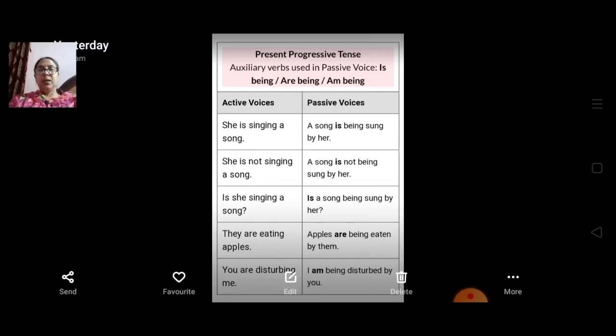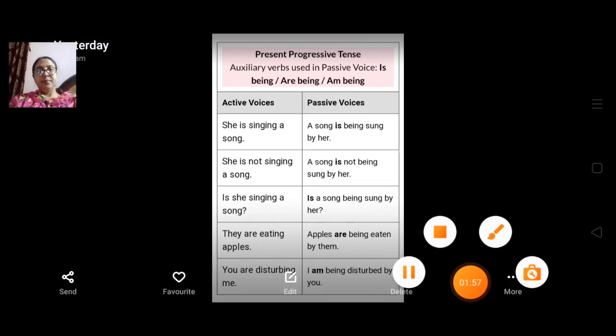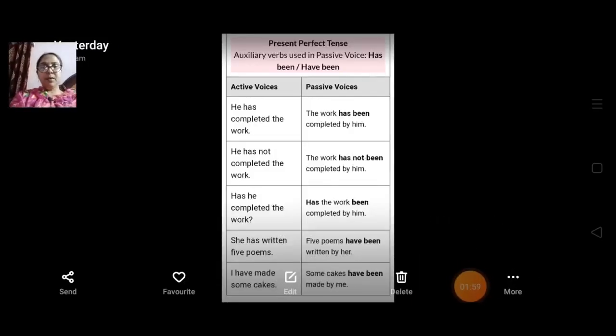Let's revise how to change active to passive voice in present perfect tense. We learned yesterday that in present perfect tense, if the active voice is "he has completed the work", then when we change it to passive voice, we should always remember has been or have been plus the third form of the verb.